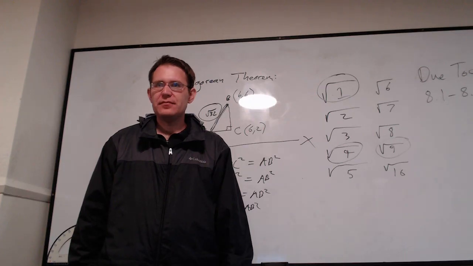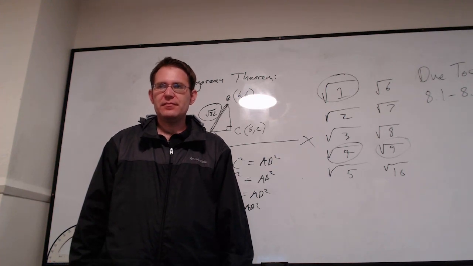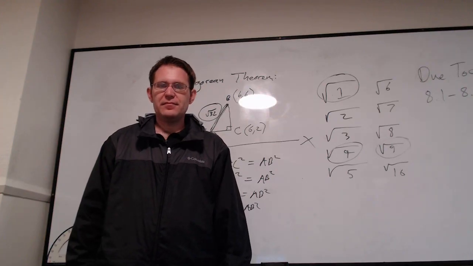So those numbers do not have exact answers, okay? That's why when it says exact answer, if you don't have the square root of 1 or 4 or 9 or 16 or 25, you can't give an exact answer except for the square root of that number. That's your exact number when it's a square root.